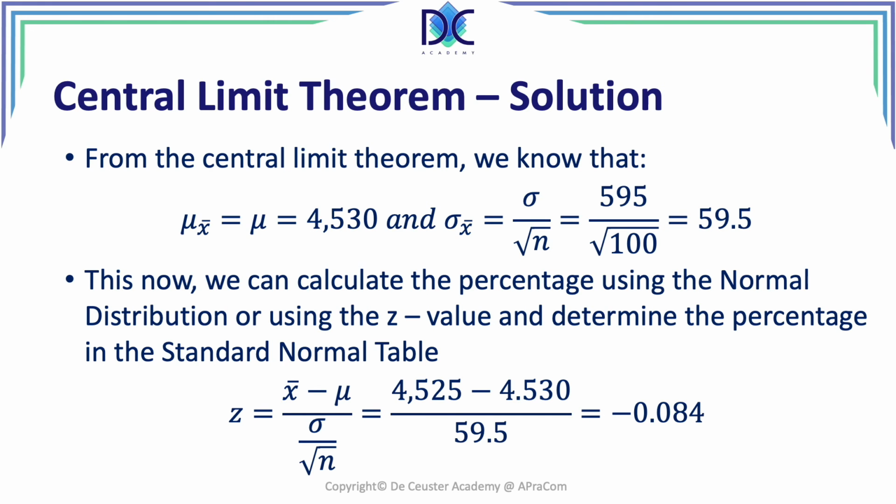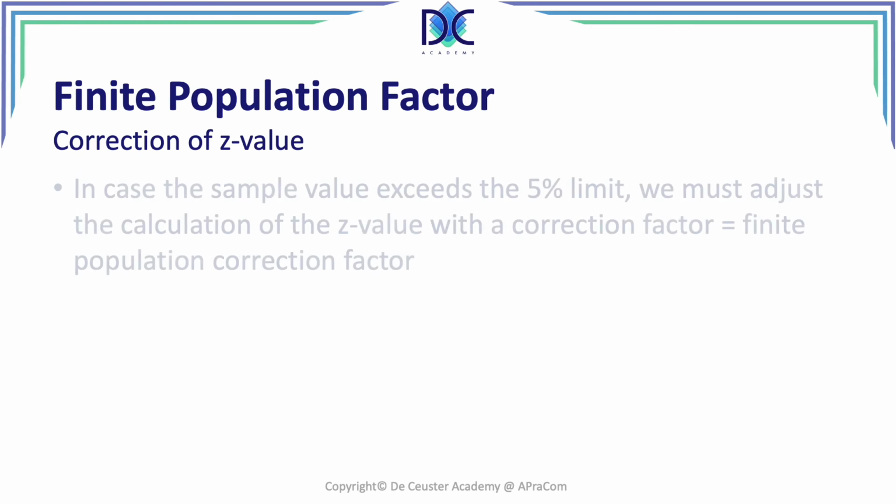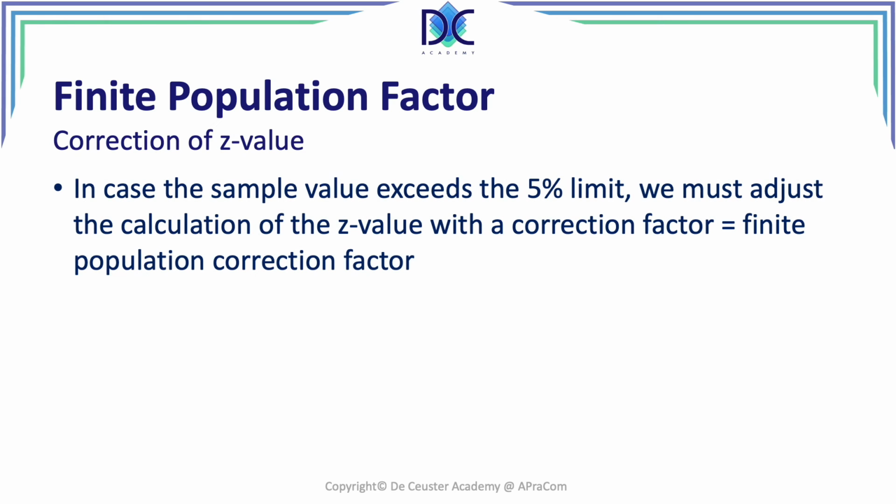Now, we can also apply what we call a correction of the z-value. When we have a sample that exceeds 5% of the total population amount, we have to adjust the z-value with a correction factor, which is the finite population correction factor.